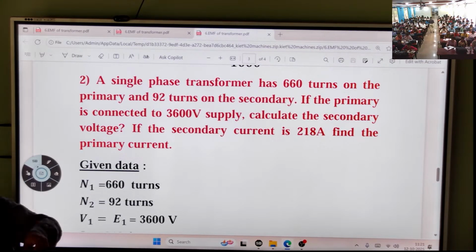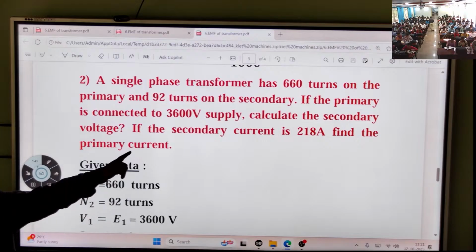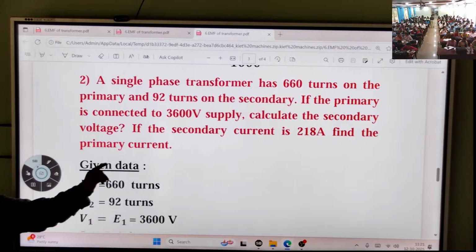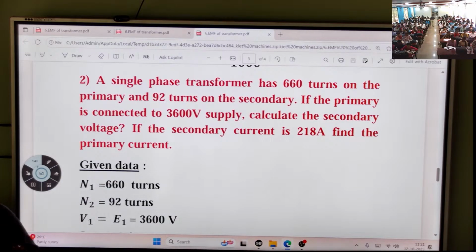Then the primary is connected to 3600 volts, V1 is equal to 3600. Calculate the secondary voltage. V2 is how much? N1, N2 you know, V1 you know, so you are able to find V2. V2 by V1 is equal to N2 by N1.